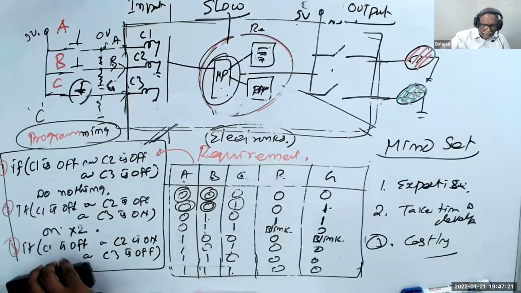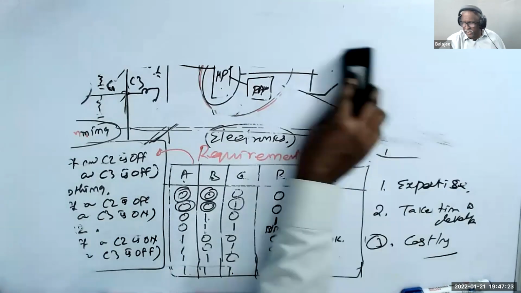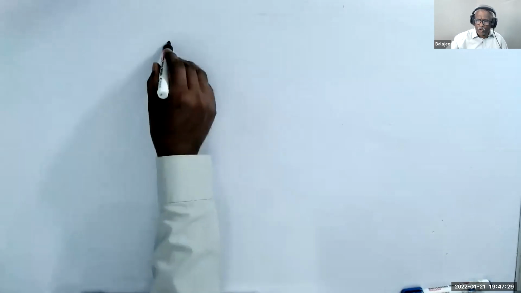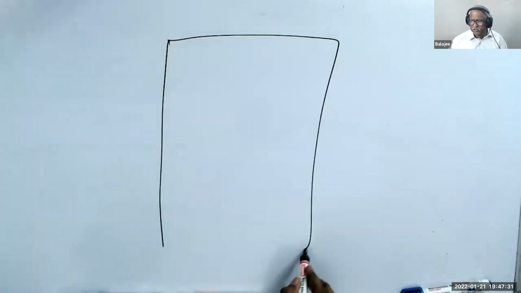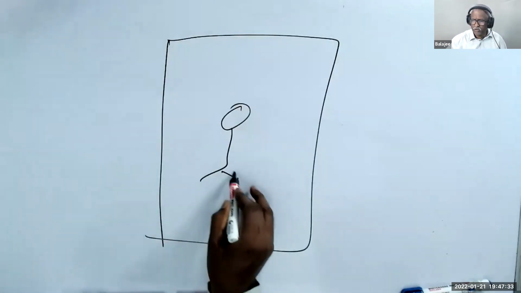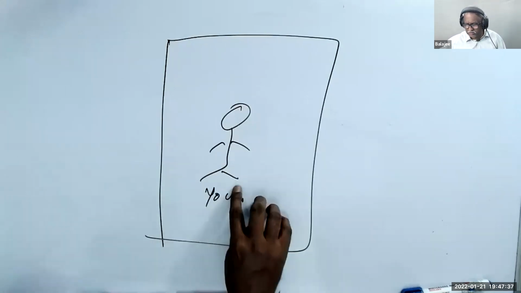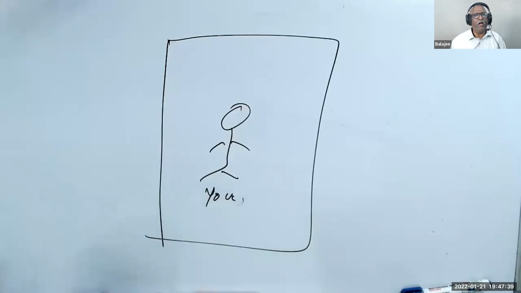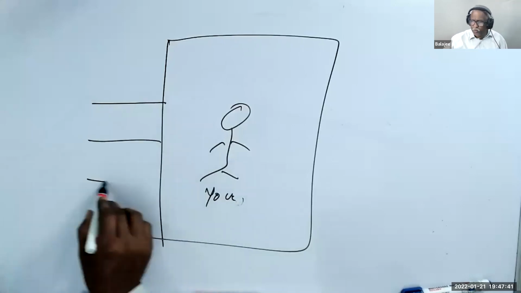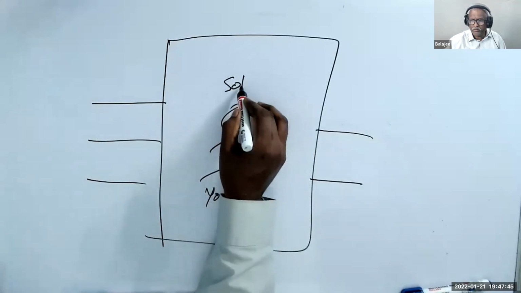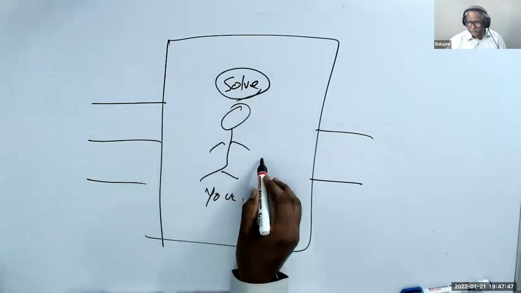Now I'll erase all these things. I'll explain embedded to you very clearly. You should know how to do embedded. In embedded, you should put yourself inside the box. There's an input and there's an output. How do you solve it? Write it in steps.